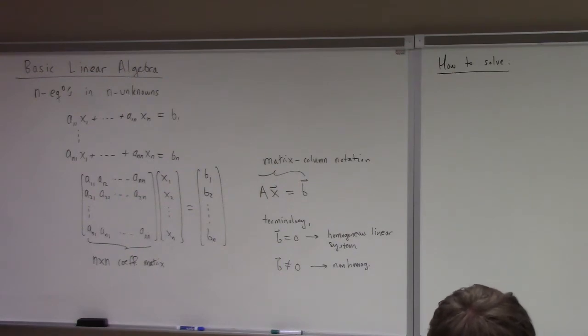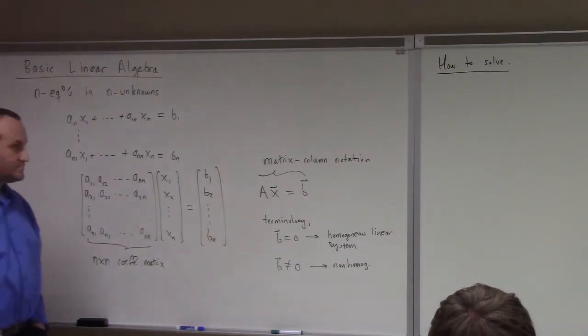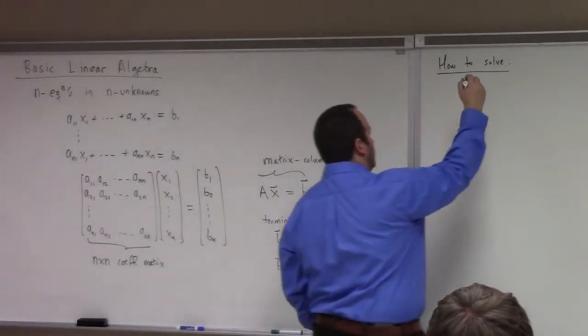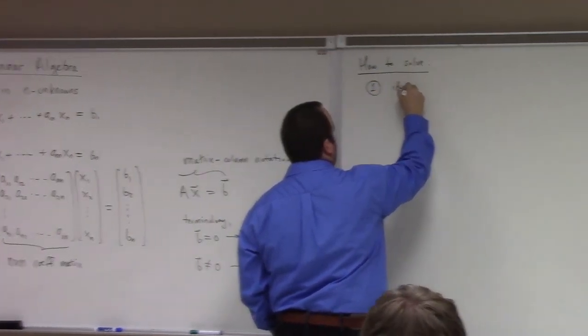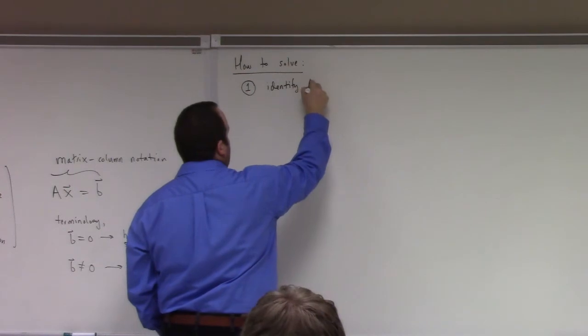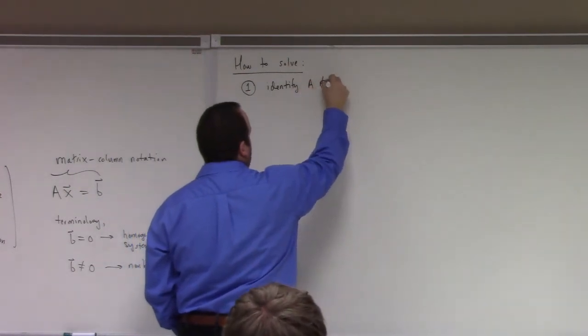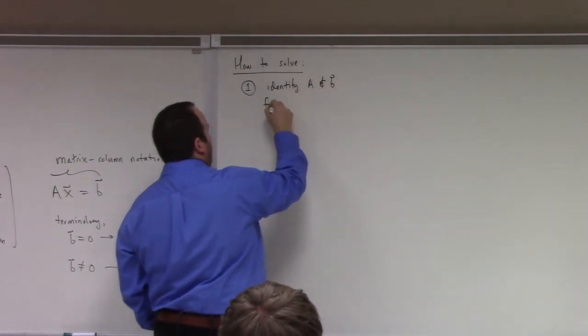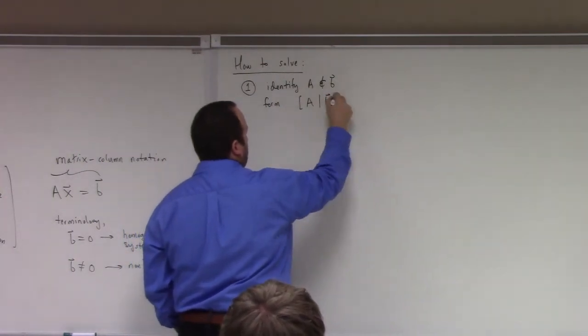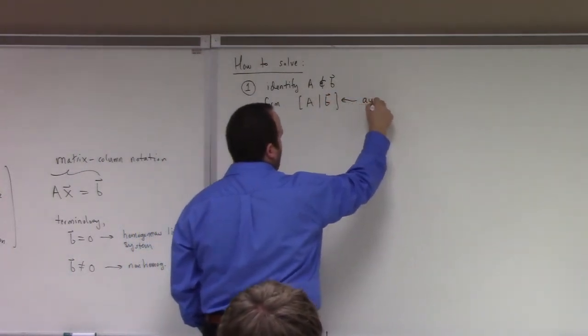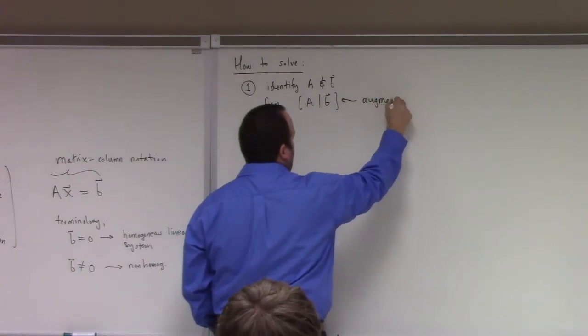So how do you solve a system of n linear equations and n unknowns? Well, if you have technology, number one, you identify A and b, and then you form the augmented coefficient matrix, which is this. And then what do you do?